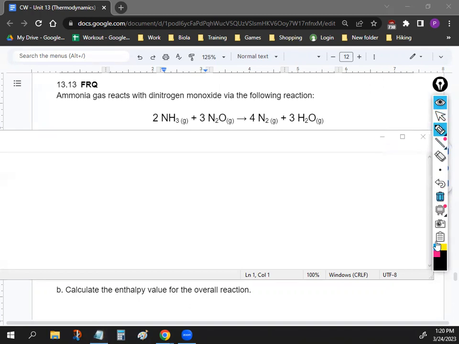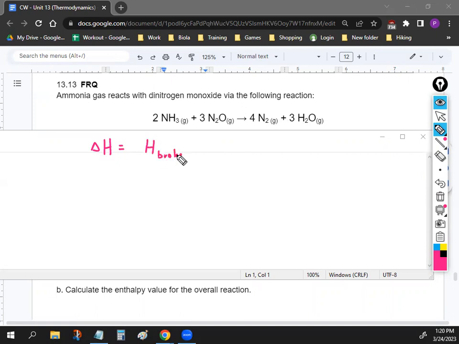So one quick thing about the delta H equation is that you can't just do the products minus the reactants, because what we're looking at here is the bonds being broken and the bonds being formed. The total amount of energy that you start with is going to be the bonds broken.